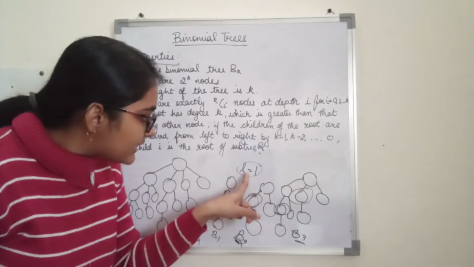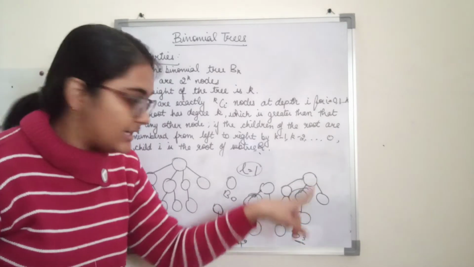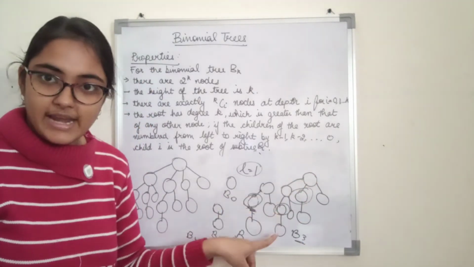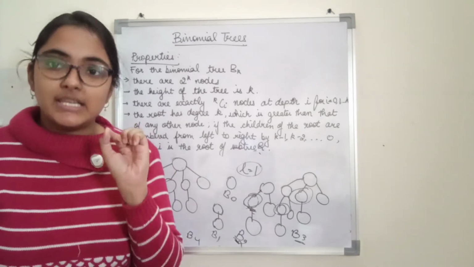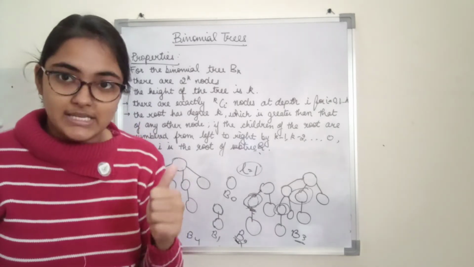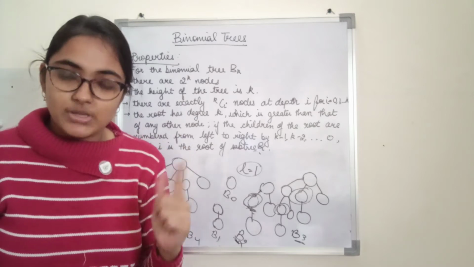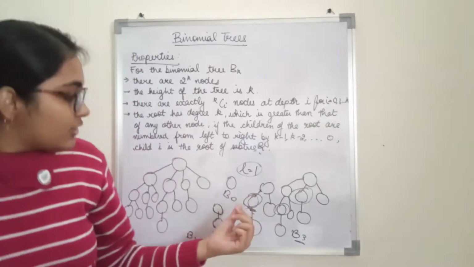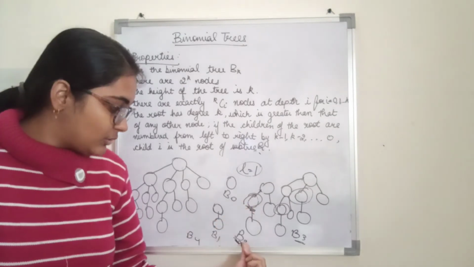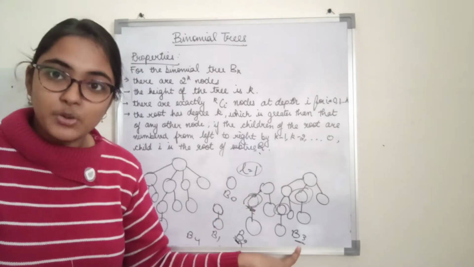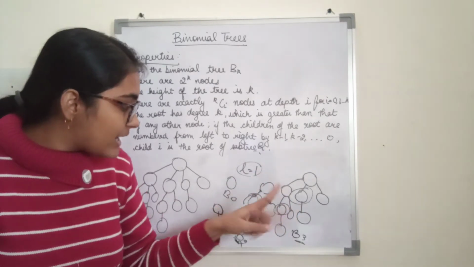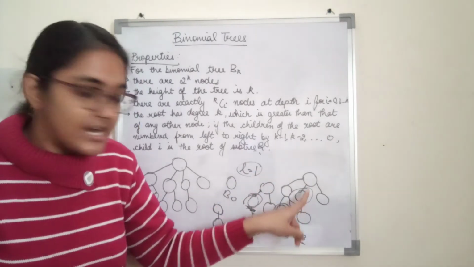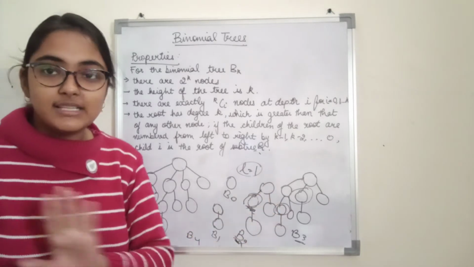So this is appearing at depth 1 and depth 2. A node at depth i in b(k-1) appears in b(k) once at depth i and once at depth i plus 1, right? So a node at depth 1 in b2 appears in b3 once at depth 1 and once at depth 2. You can take this for any node, right?